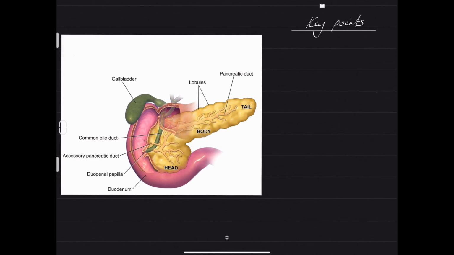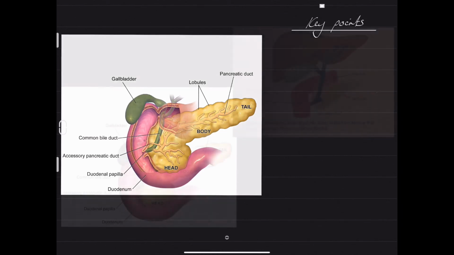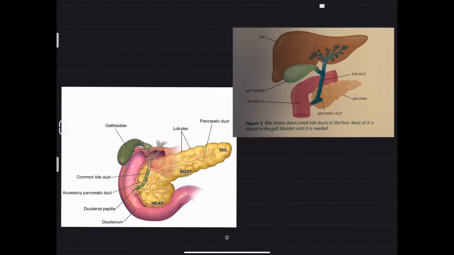Now I'm going to show you another picture which puts the bile in its correct location with the liver and the pancreas. So here you can see the pancreas and the gallbladder in relation to the liver. Here you can see an enlarged image, as the image is enlarged down towards the bottom left.